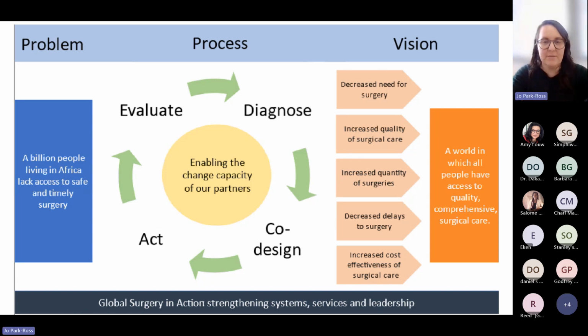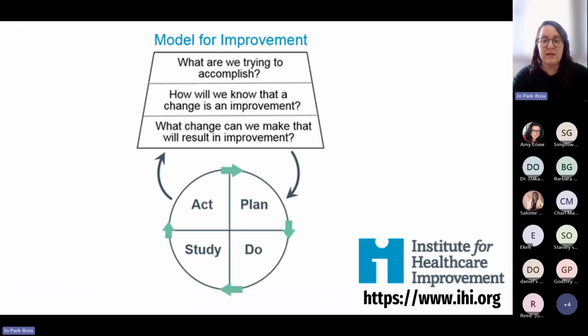Wonderful. So this is an exciting development for our division, and we're very pleased to present this Global Surgery in Action framework. This is the Institute for Healthcare Improvement, or IHI model for improvement. And it's an internationally based standard model for quality improvement in healthcare in particular.